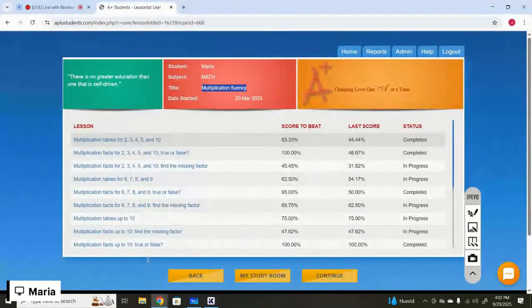Here I am on grade 3 math. The chapter we're on right now is multiplication fluency. Let's just start with the first lesson, multiplication tables for 2, 3, 4, 5, and 10. Multiplication tables are very important.